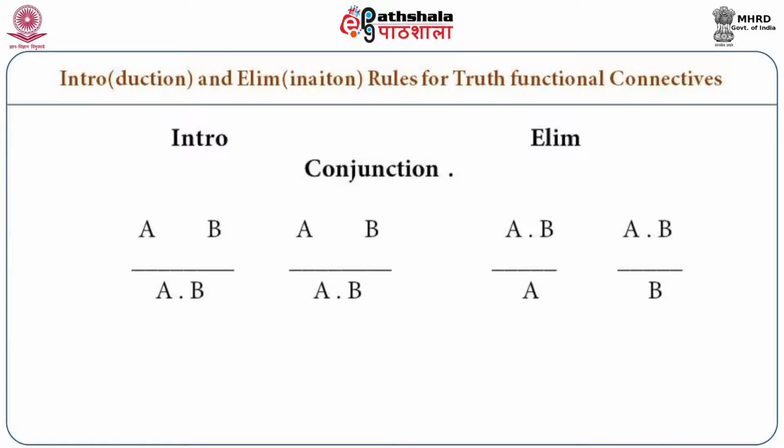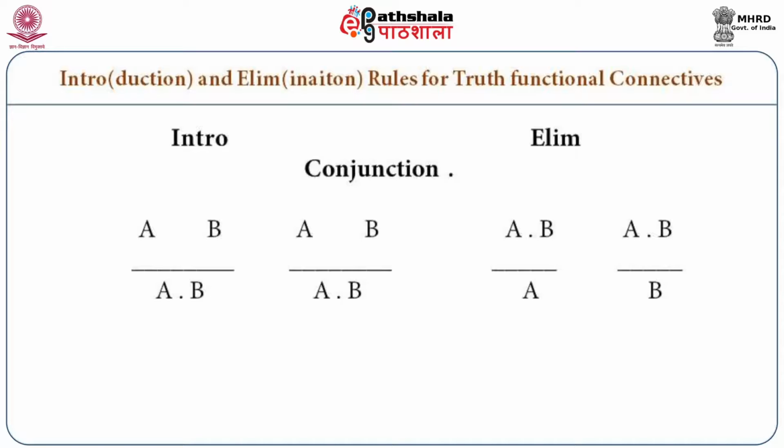I go on to explain all the other truth connectives. Let me introduce once again conjunction. Given the truth of A and another sentence B which is also true, we can infer the conjunction of A and B, or B and A. We can also eliminate conjunction in our inference.